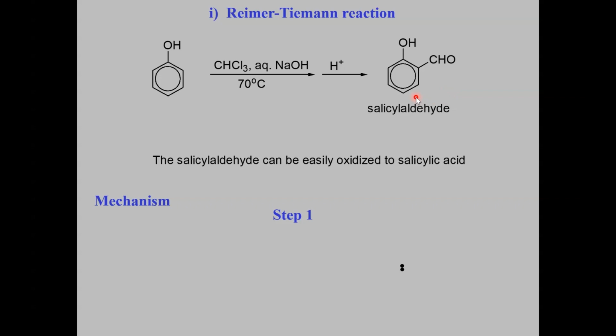In Kolbe's reaction, we got salicylic acid, that is ortho-hydroxybenzoic acid. Here, this gives salicylaldehyde. The salicylaldehyde can also be oxidized to salicylic acid, and this serves as a starting material for preparation of many compounds of drug quality.